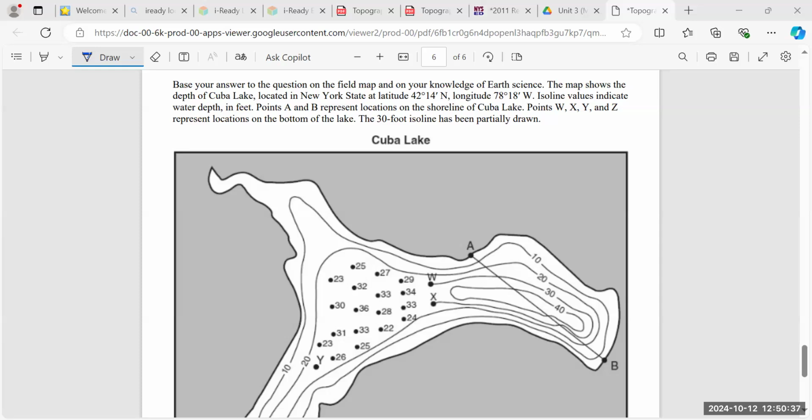Okay. Now to find the distance using this scale. Find the distance between Y and Z. So what I'm going to do, I'm going to take my scrap paper and mark Y and Z. And now I'm going to compare it to the scale.